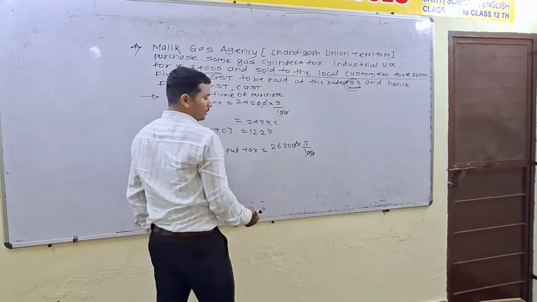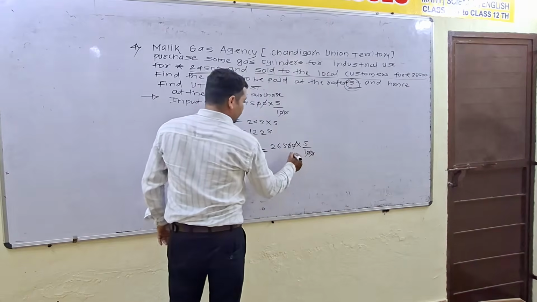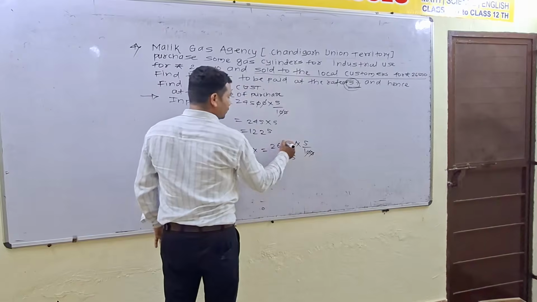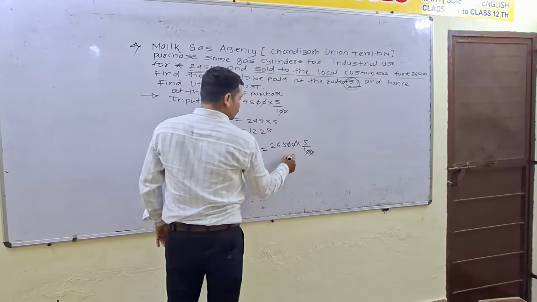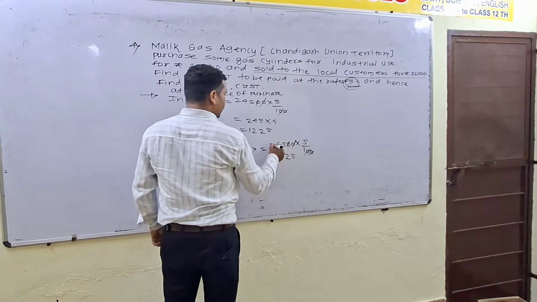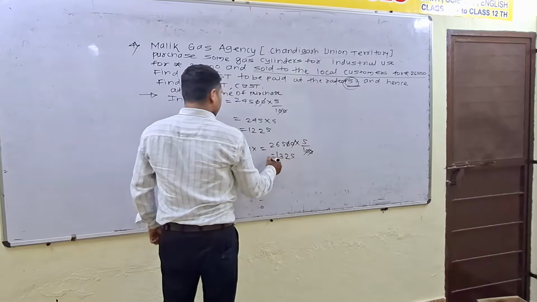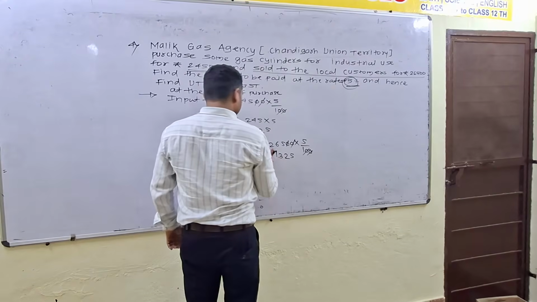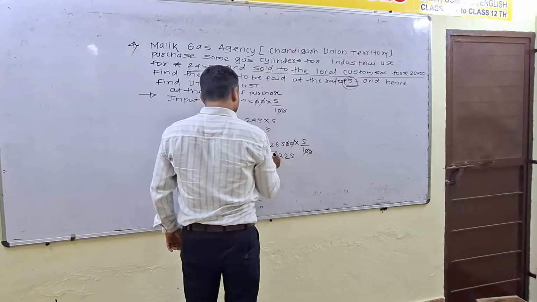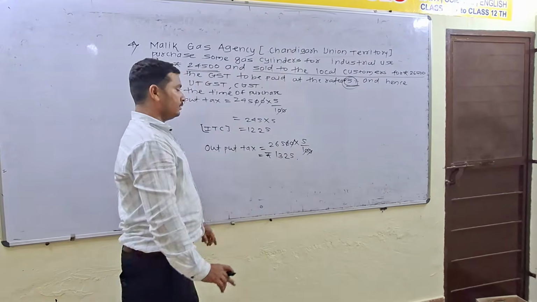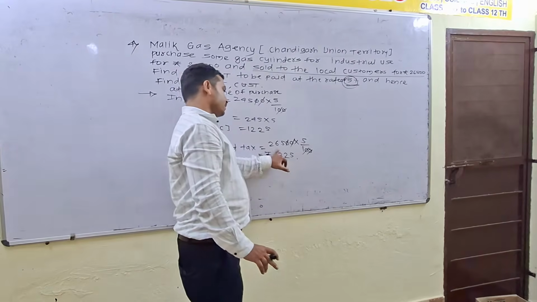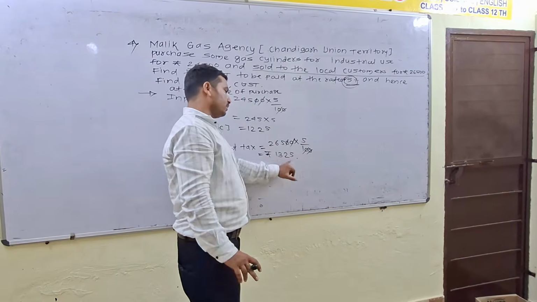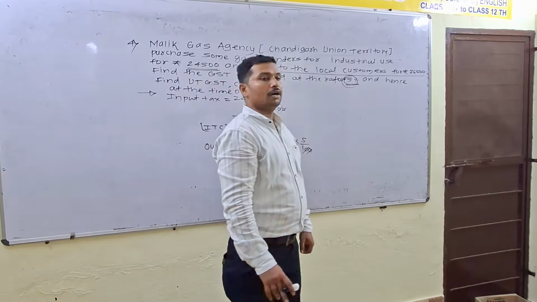The zeros cancel. 5 times 5 is 25, carry 2; 5 times 6 is 30 plus 2, 32, carry 3; 5 times 2 is 10 plus 3, 13. So the output tax is 1325.